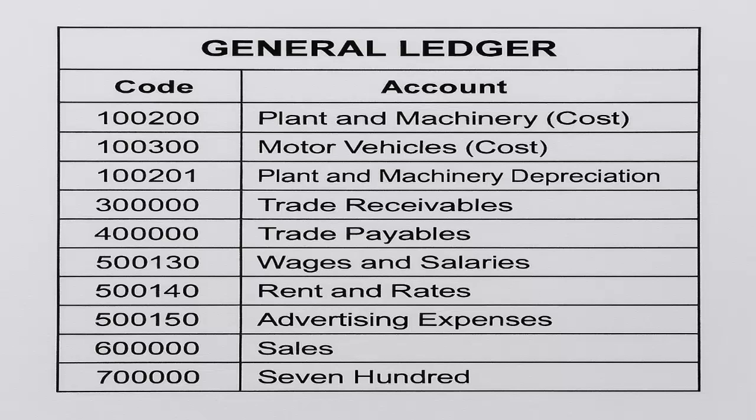Code 500,150 for advertising expenses. Code 600,000 for sales. Code 700,000 for cash. Now these codes may look long, but they are not random. The numbers actually mean something, and this is the smart part of coding.